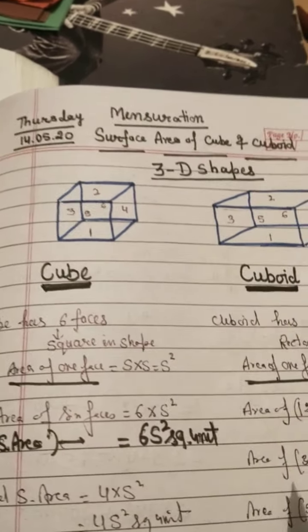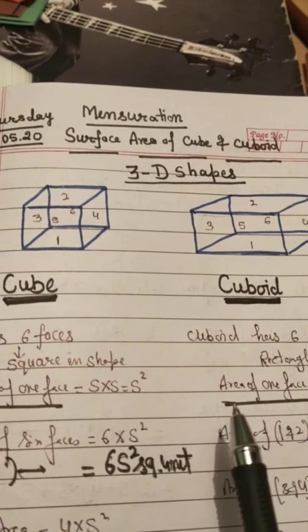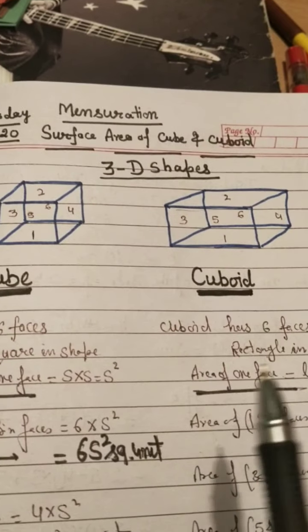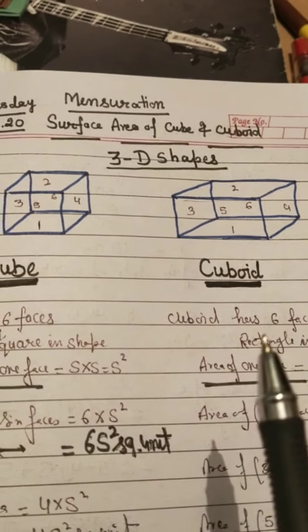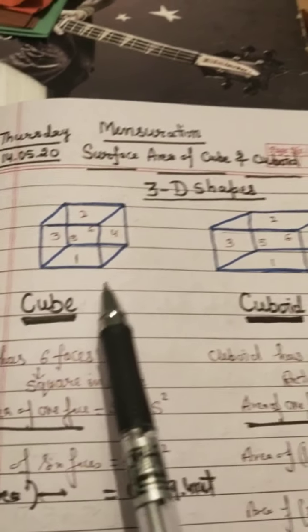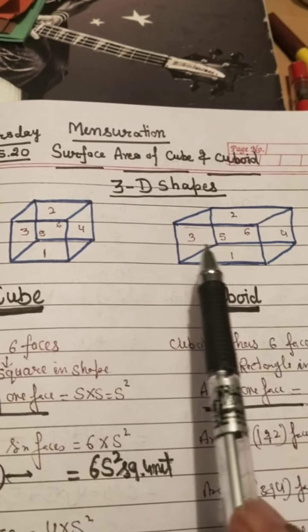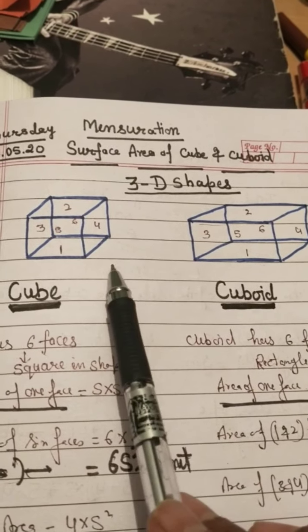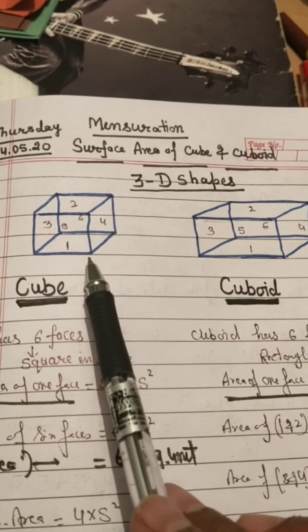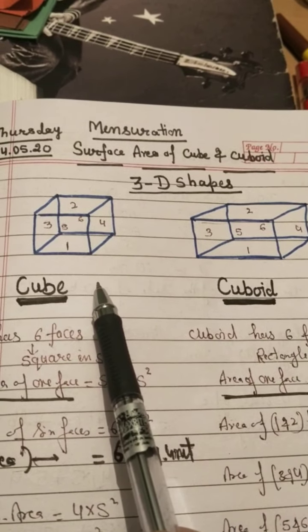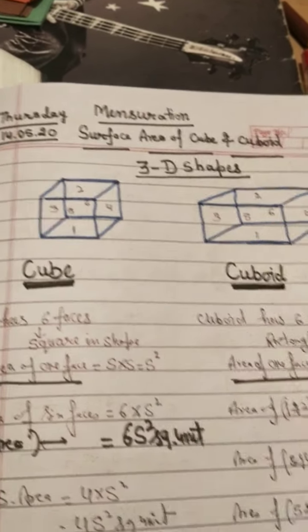Now in this class you calculate the surface area of these solids: cube, cuboid and cylinder. So for both cube and cuboid, how many edges, how many faces, how many vertices do they have? They have 6 faces. You can find many examples in your environment.